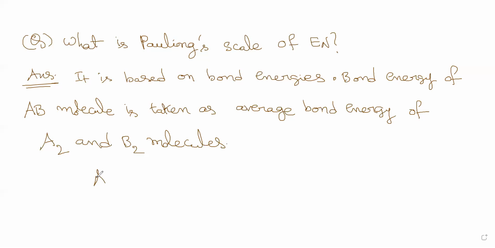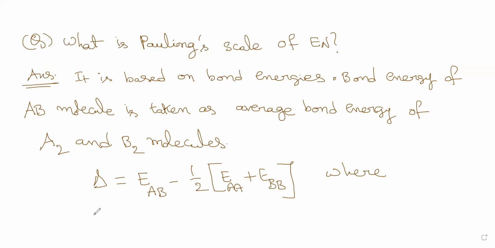So the delta, the change, is E_AB minus half of (E_AA plus E_BB). This is how we write, where delta is the difference of bond energies.